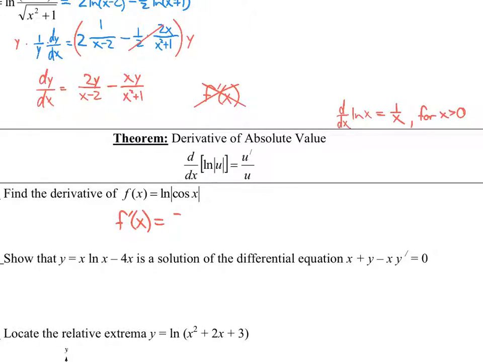It's like absolute value. Well, true, but notice it still says u prime. It doesn't say the absolute value of u prime. It's the absolute value of what's in the natural log. So it is negative sine over cosine. And I heard someone say tangent. You're right, that's a negative tangent of x.